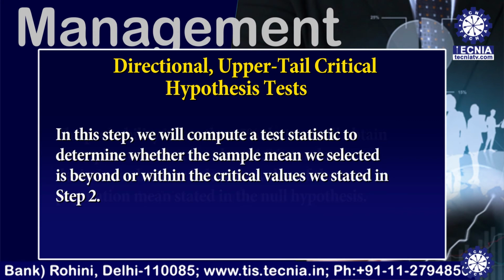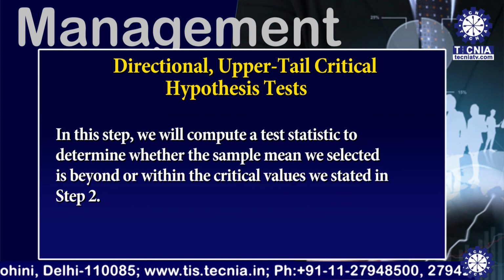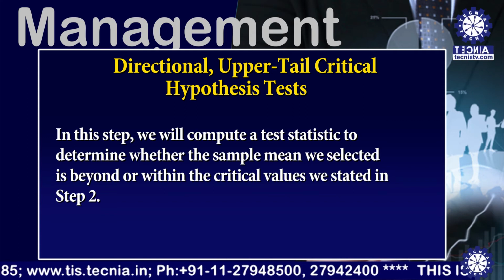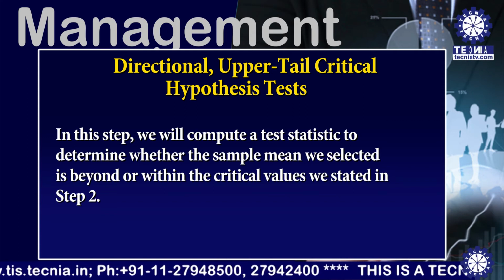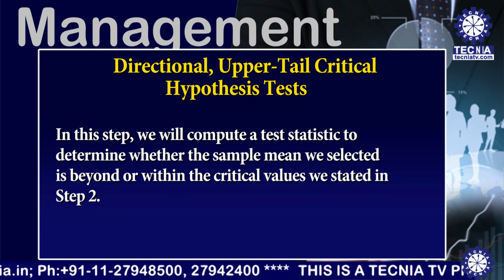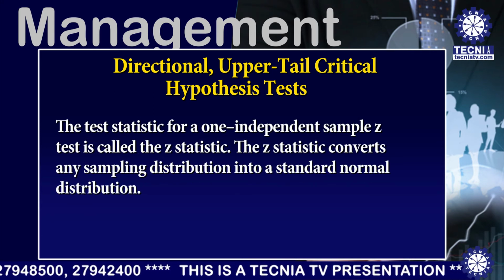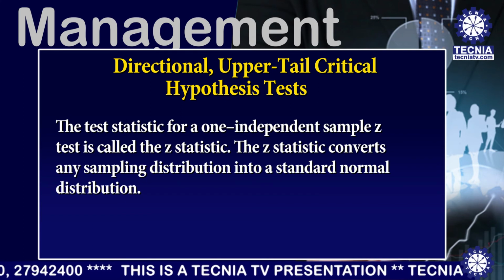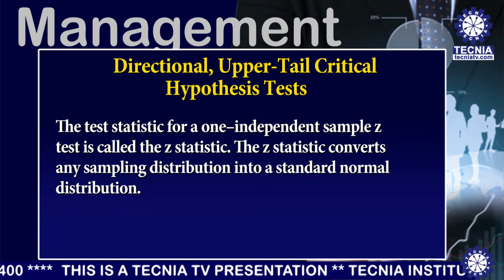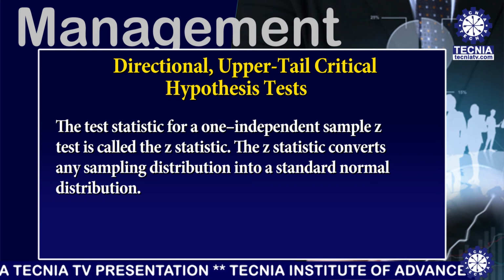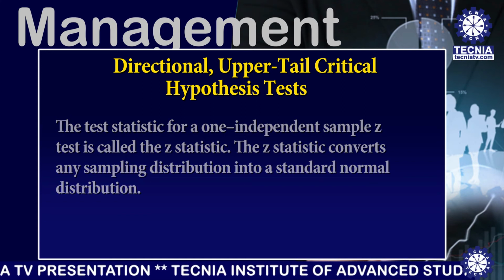In this step, we will compute a test statistic to determine whether the sample mean we selected is beyond or within the critical values we stated in step 2. The test statistic for one independent sample Z test is called the Z statistic. The statistic converts any sampling distribution into a standard normal distribution.